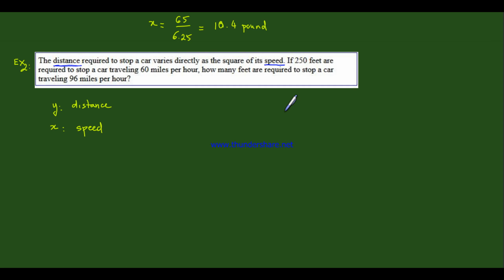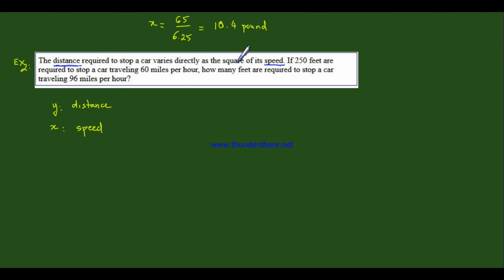Maybe in this problem I just want you to set up the direct variation equation only, because this is related to square and maybe some of you have not learned this, and we never talked about how to solve the equation with square.